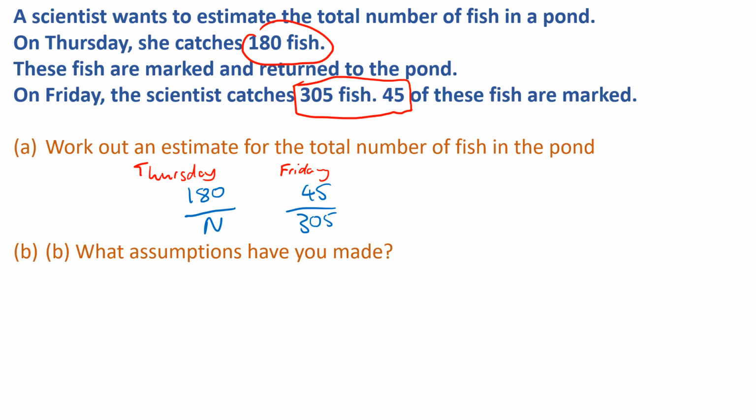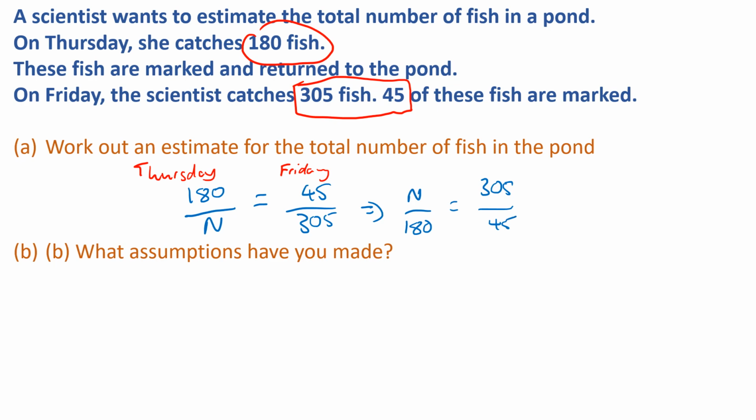What we're going to do is set these equal to each other. The way that capture recapture works is we're making the assumption that the fraction that she tagged is equal to the fraction that were tagged on the second day. Then you can flip these fractions, so I get n over 180 is equal to 305 over 45.